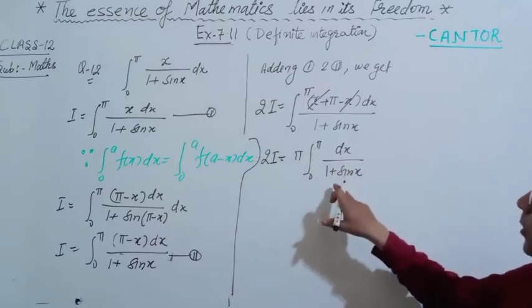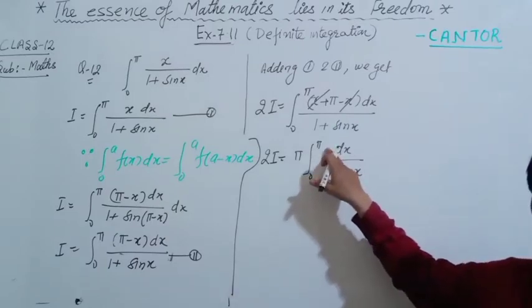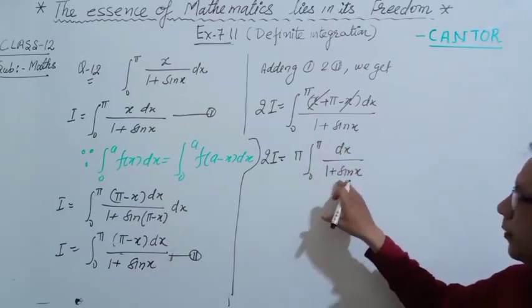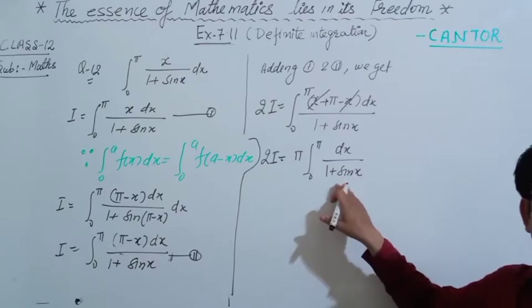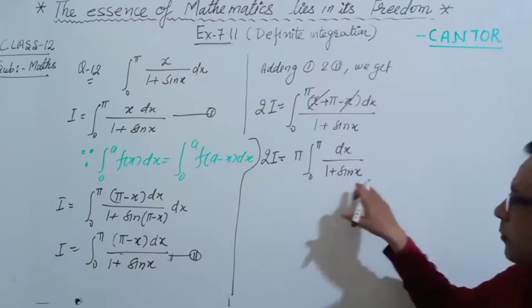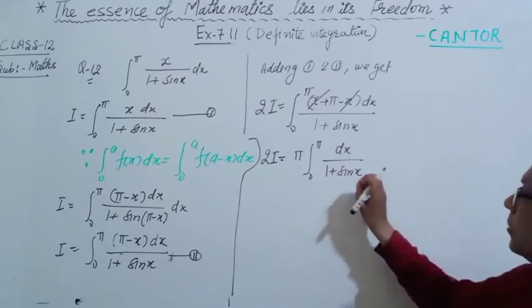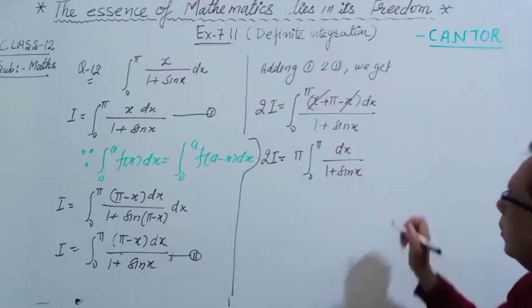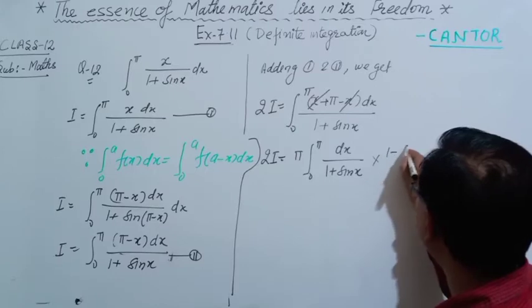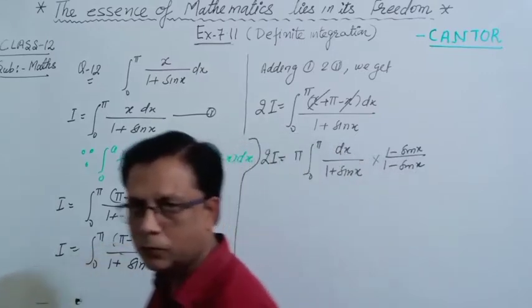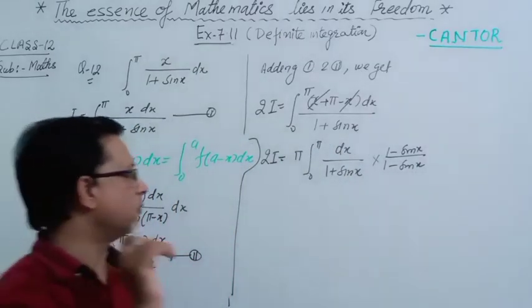If the numerator has only a constant like 1, 2, 3, 4, 5, and the denominator has 1 plus sin x, 1 minus sin x, 1 plus cos x or 1 minus cos x, then always rationalize the function. So here we multiply by 1 minus sin x upon 1 minus sin x. This is your process.